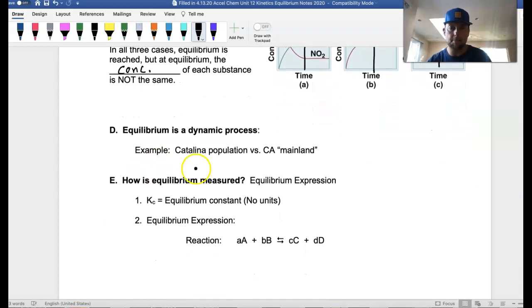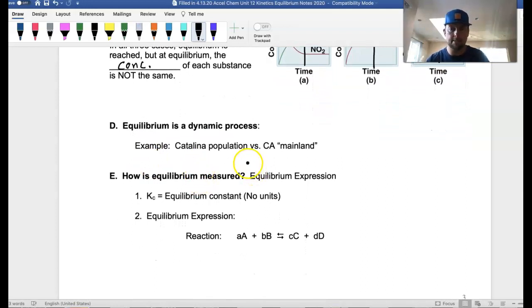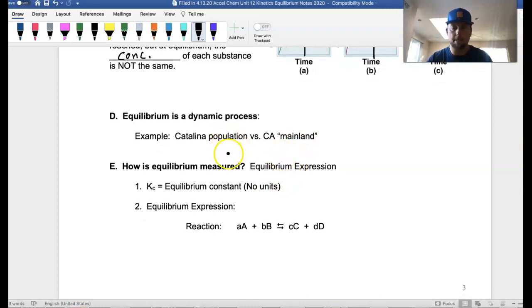We talked about Catalina population versus California mainland. We have roughly the same population of each, even though that changes on like holiday weekends. So even though we have different people on Catalina all the time, different groups of people visiting and living there and moving back, they remain, I think we said somewhere around 40 million for California.